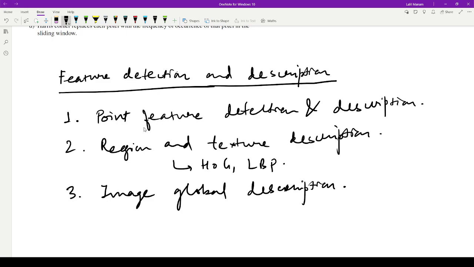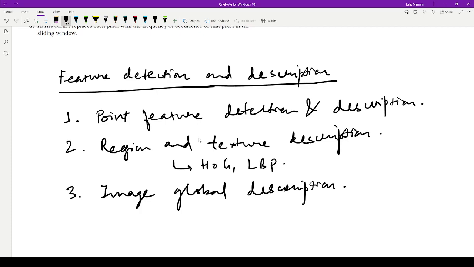Next is the region and texture description, where we consider a region of an image and encode the texture information in the descriptor. And the third is the global description of the image, that means one vector which will represent the full image in total.